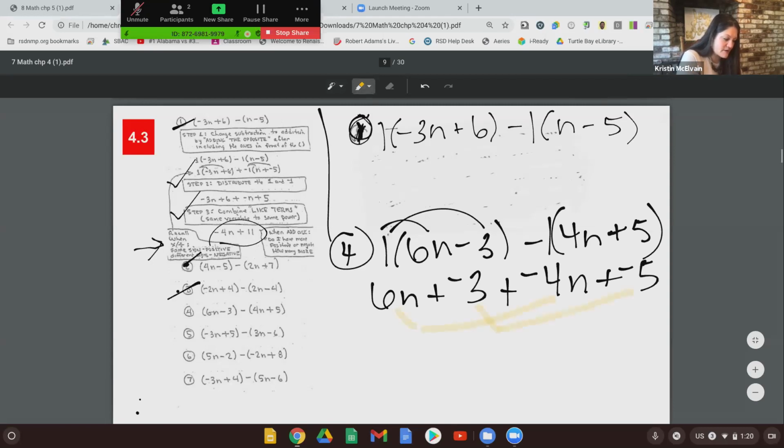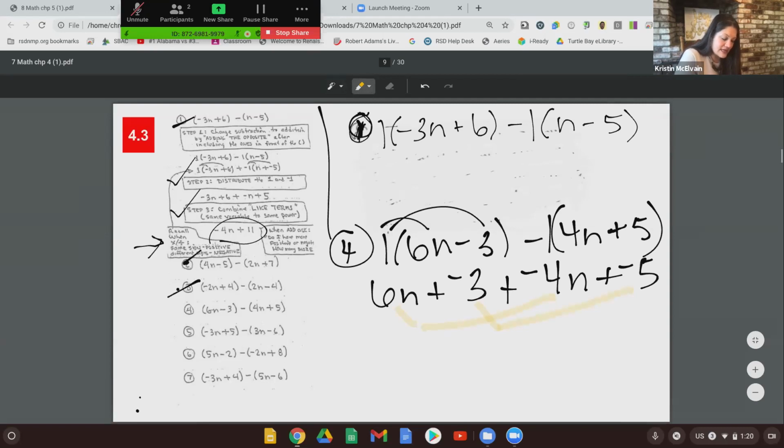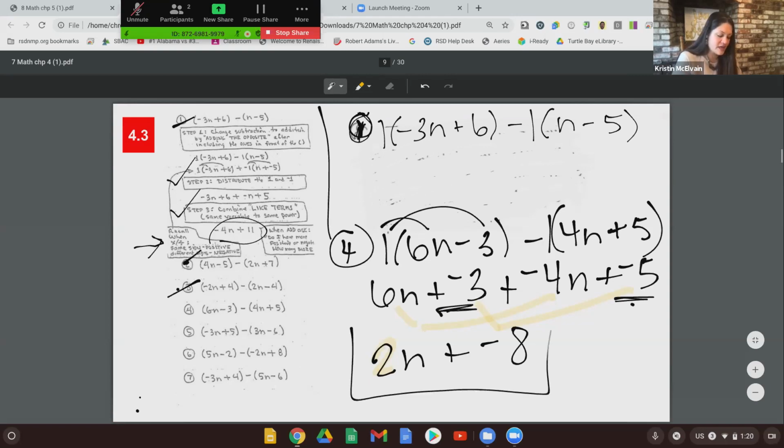Here's with just my numbers. 6n and a negative 4n is 2n. Negative 3 and a negative 5 gives me negative 8. Do you see how adding the negatives, it just makes it so easy for me to understand that this is going to be negative 8. So that's why we do that. 2n plus negative 8. Good? All right.